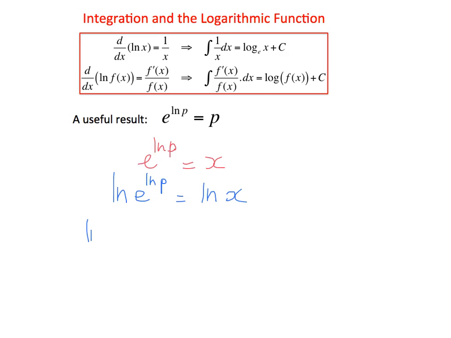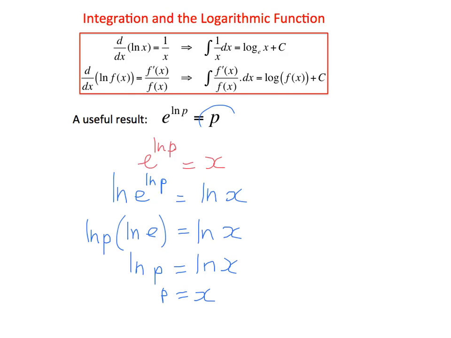So that is equal to log of p times log of e, and you know that log of e equals 1. So this is just log of p equals log of x, which means that p must equal x. So that's why we've got e to the log p equals p.